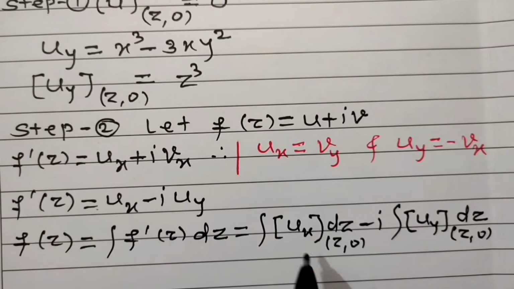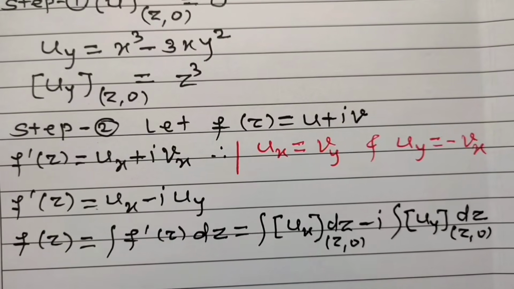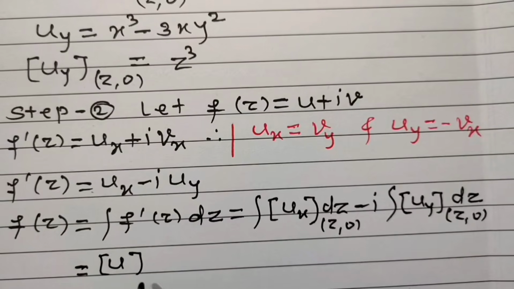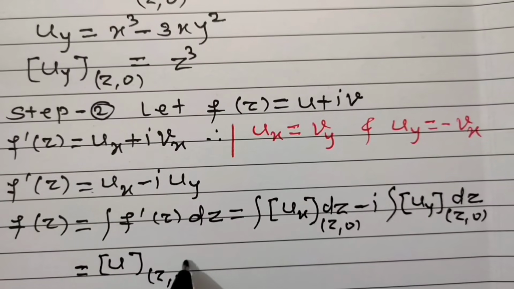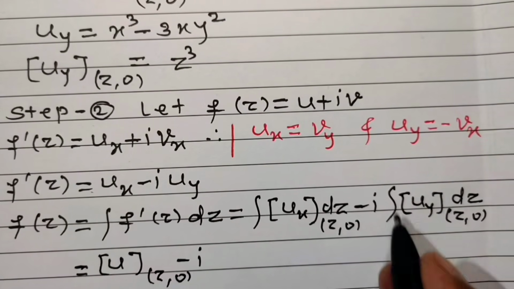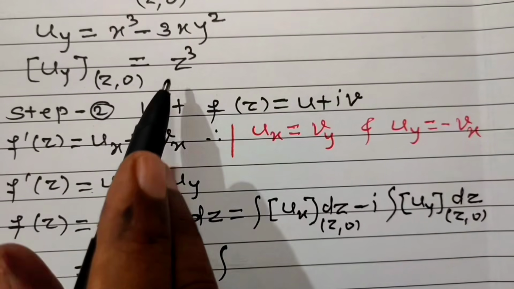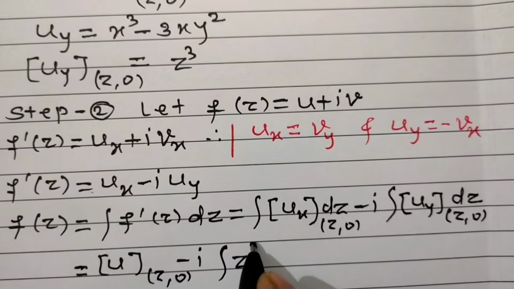But this integral, its value we can directly write: u at z comma 0 minus i into the value of this integral, uy at z comma 0, this value is z cube dz.